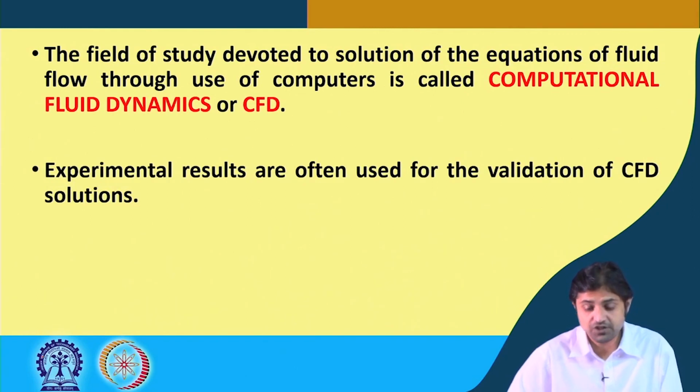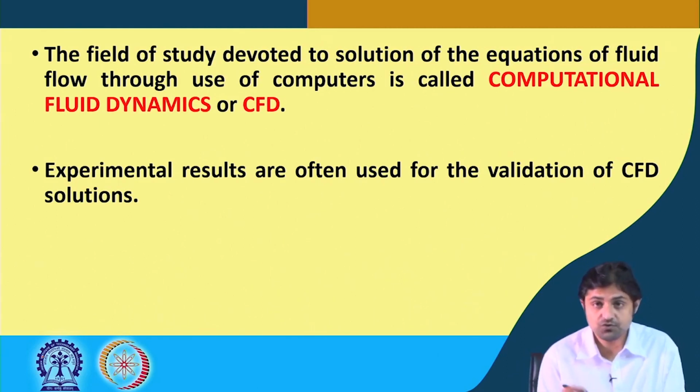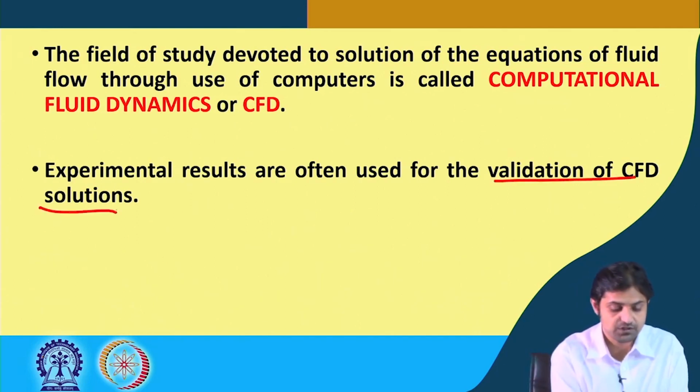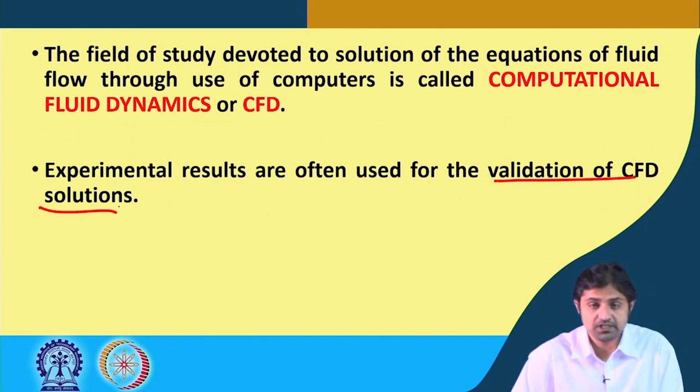In this field of study called computational fluid dynamics, experimental results are often used. What is the purpose of using those experimental results? They are used for validation of the CFD solution. If we use a computer to solve those equations and get some results, how do we know if they are correct or not? What we generally do is perform the calculations for the same situation as an experiment that had been done before.